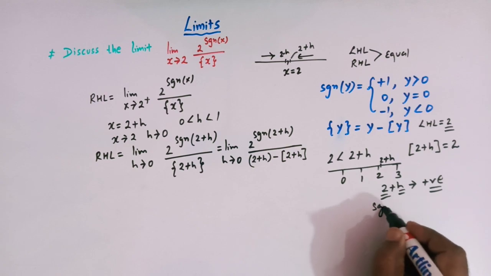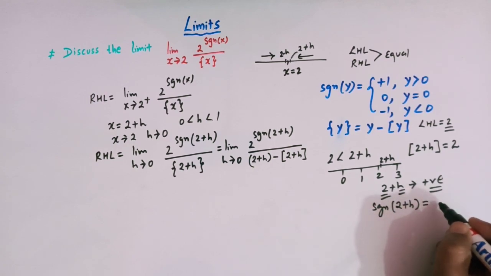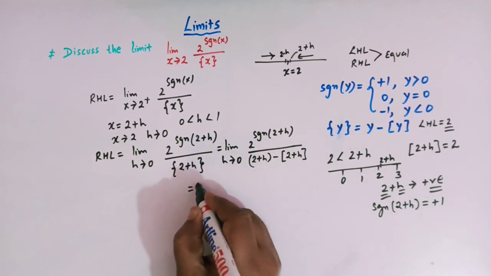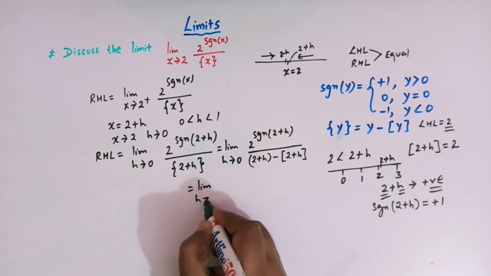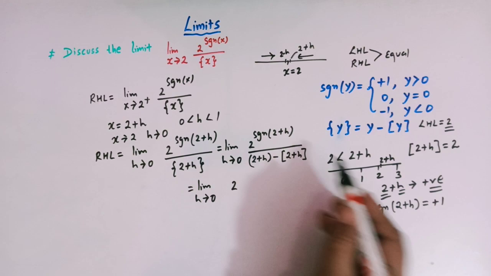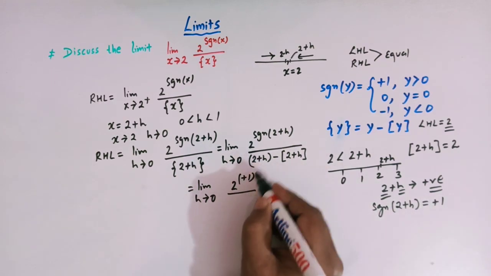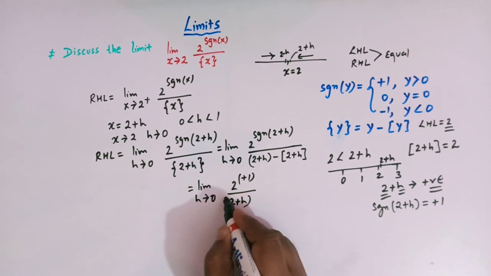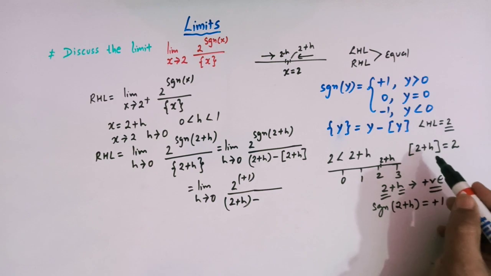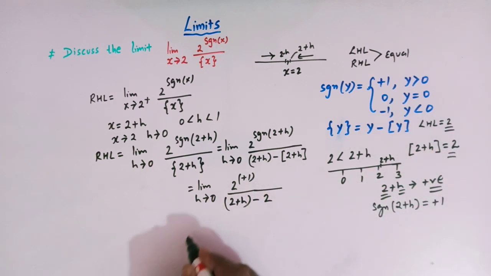So signum of 2 plus h should be equal to plus 1, right? Now this limit can be written as 2 raised to signum of 2 plus h, which is plus 1, and this is 2 plus h, and here we have the greatest integer of 2 plus h, which is 2. So here we have 2, right?